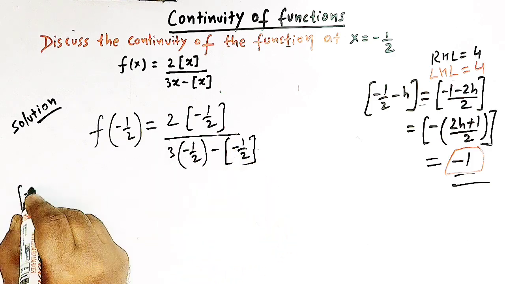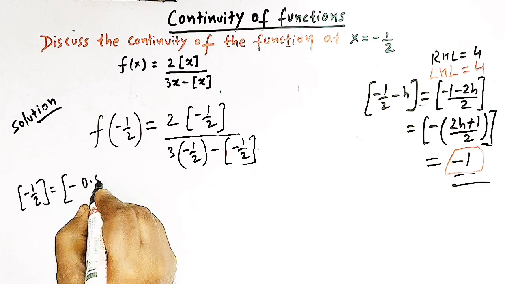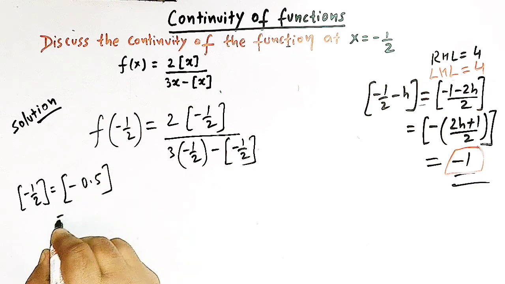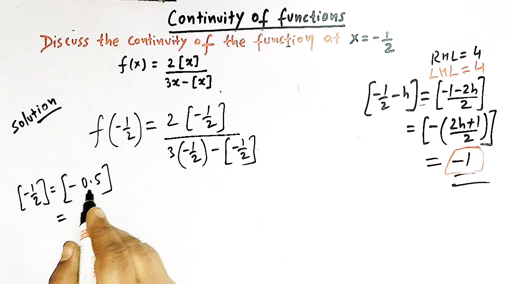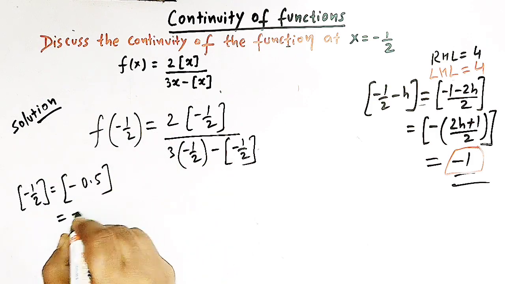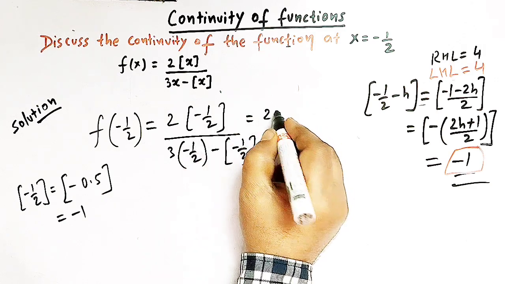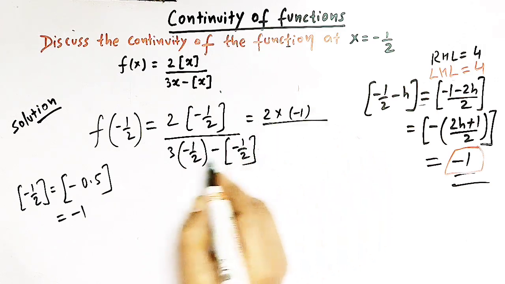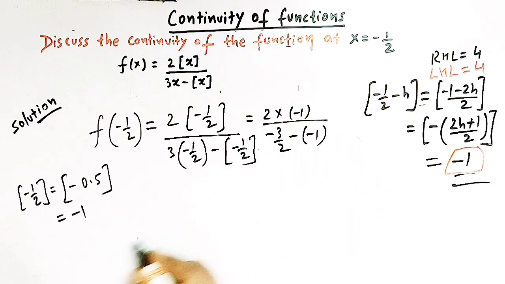Now the greatest integer of minus half is greatest integer of minus 0.5, and the value of greatest integer of minus 0.5, due to the definition of greatest integer function, is minus 1. So we have here 2 times minus 1, then here we have minus 3 by 2 minus minus 1.